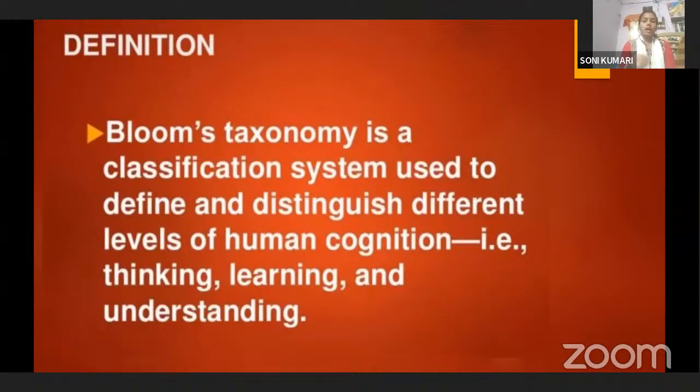I can also say that Bloom's taxonomy is a categorization that defines different levels of intelligence, including thinking, learning, and understanding. Institutes make use of it to improve curriculum, assessment, and teaching methods.